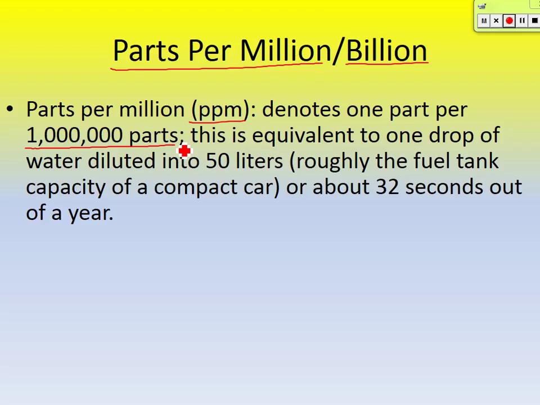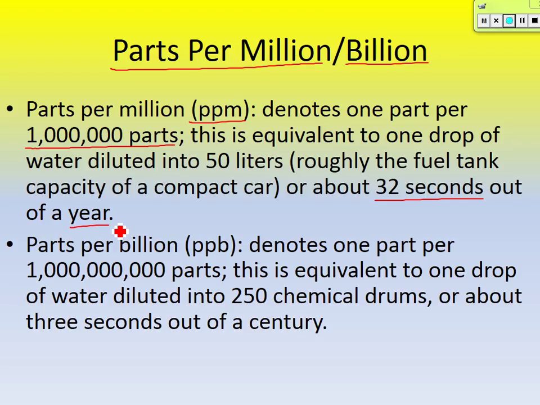In fact, it's equivalent, it says here, to 1 drop of water in 50 liters, which is about the size of a fuel tank in your car. Or if you think about it in terms of time, that would only be 32 seconds out of the year. So it's not very much. It's very dilute. Well, there's another unit of concentration that's even more dilute.